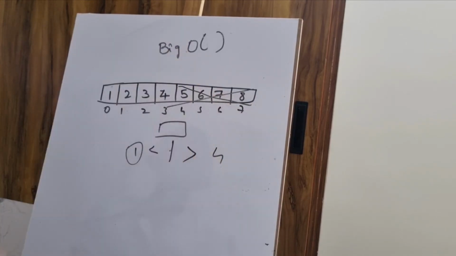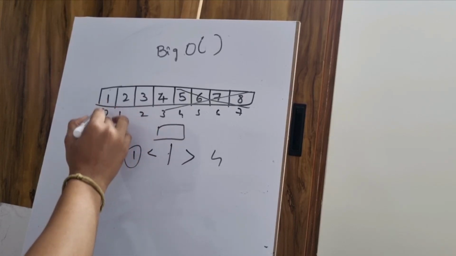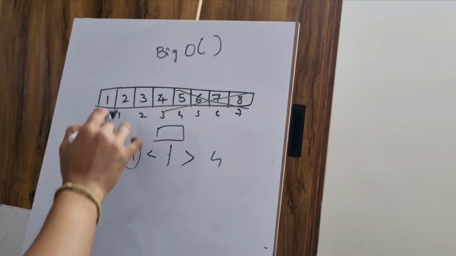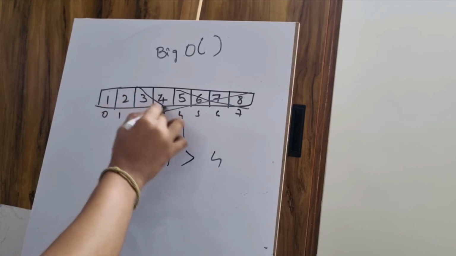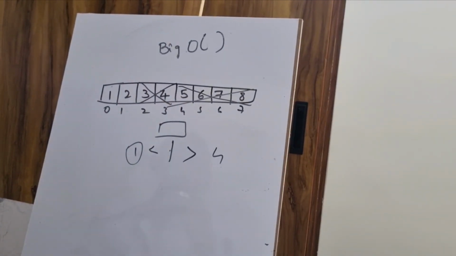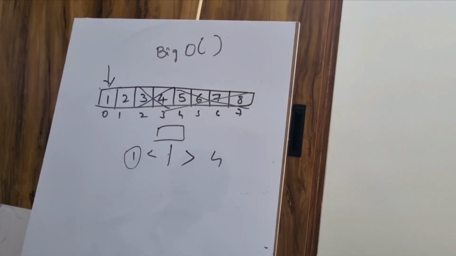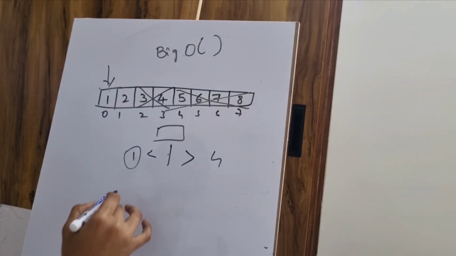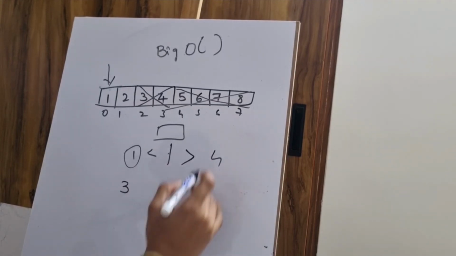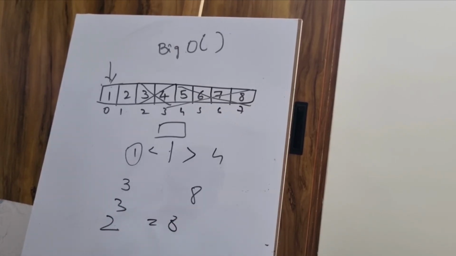So now we have done one operation. Now I'll recheck with the other half. I'll check, is 1 greater than or lesser than the middle value? You can see that it doesn't belong to the right half of the array again. And you do one more operation to find that 1 belongs at the 0th index, right? So in the worst case scenario, how many steps did it take? It took around 3 steps, and there are 8 indexes over here, and it happens that 2 to the power of 3 is equal to 8, right?